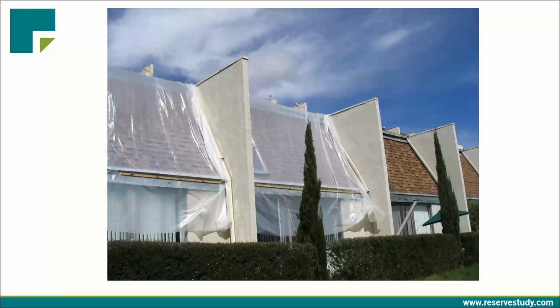And the result is unsightly and expensive deferred maintenance. And like here, where in addition to having to replace the roof, they're now going to have to spend a lot of money on interior unit repairs. There's going to be all these problems, and that creates special assessments, if not assessments, loans, dropping property values, and increased board member personal liability.